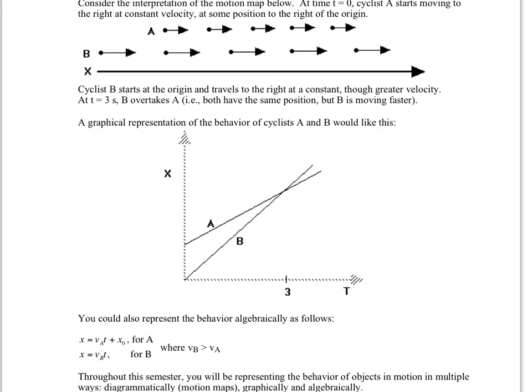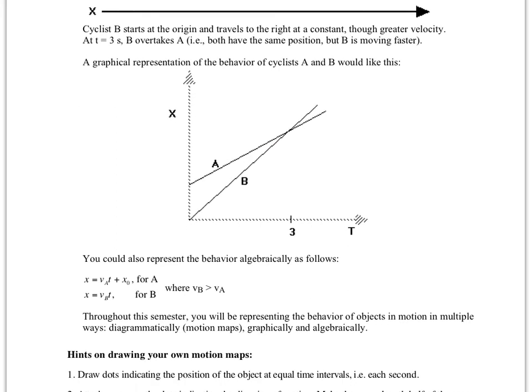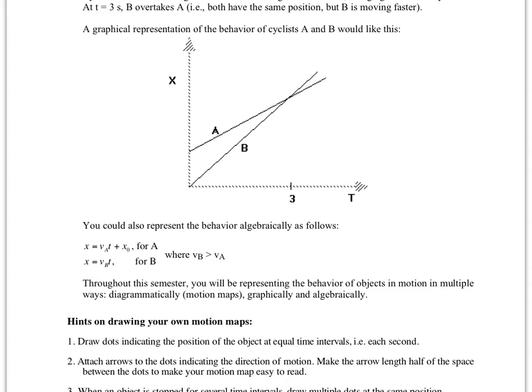Now, we can also continue and talk about the mathematical formula, which is another way to represent this motion. So here we've got x is equal to vA t, where vA is the velocity of A, also the slope of A on a position-time graph, plus x naught.